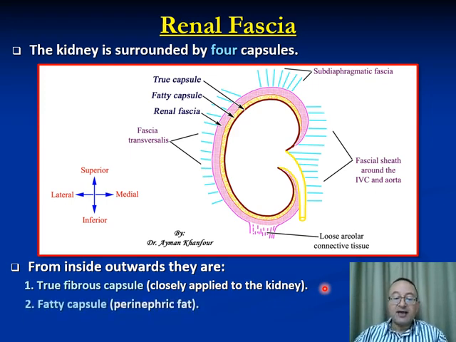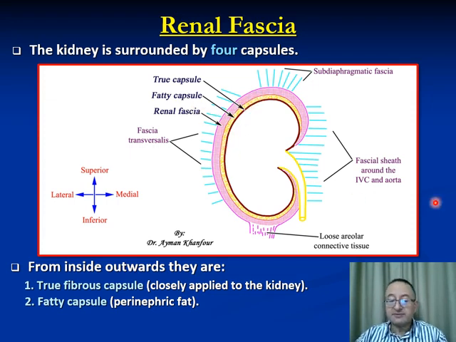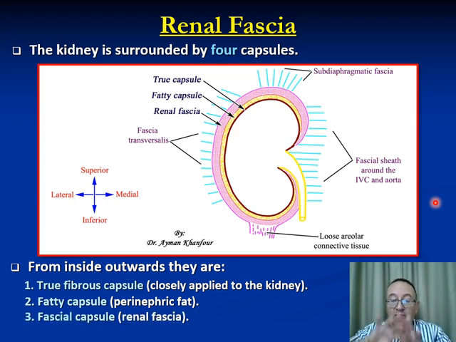Next to it, we have this yellow color, which is called fatty capsule, just fat. What's next? Oh, we have a layer of fascia. It's called renal fascia or fascial capsule.